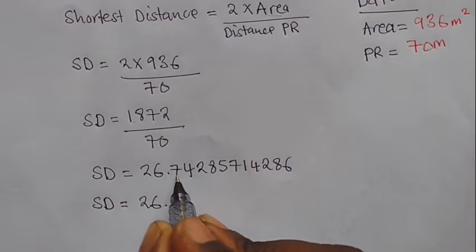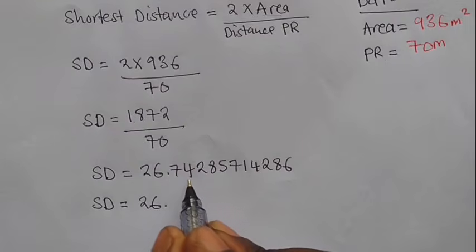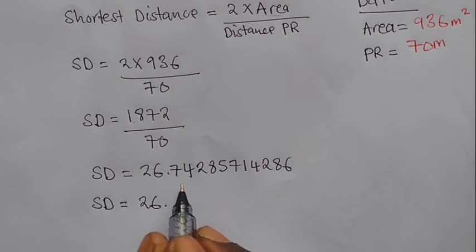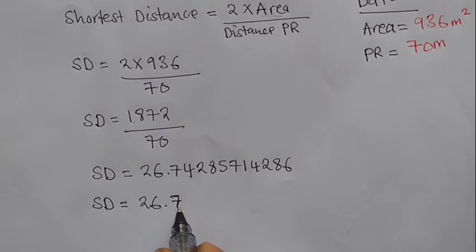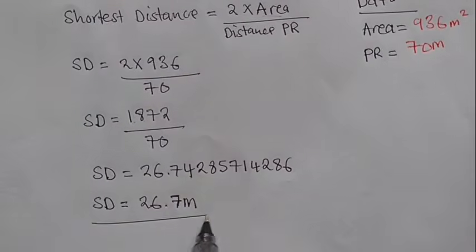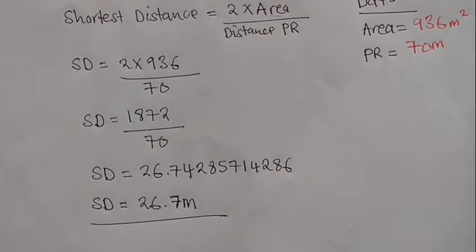This 7 makes it 3 significant figures, so it has to be rounded up or down by the next number. This next number is a 4, less than 5, so it can't round the 7 up; it stays 7. The units are meters. So this is the shortest distance, which is 26.7 meters. So we are done answering our question A.